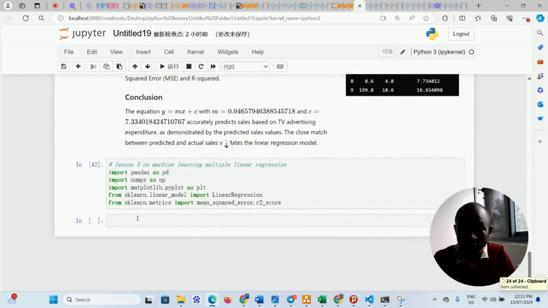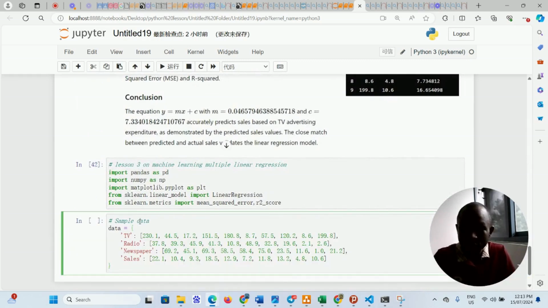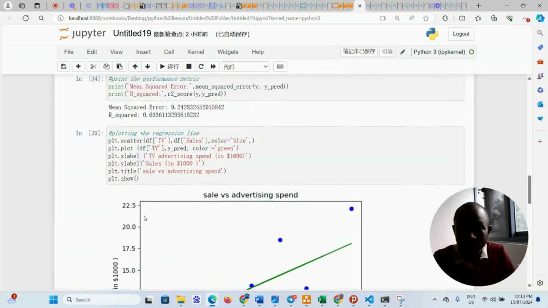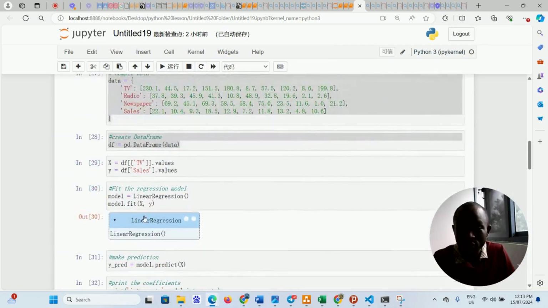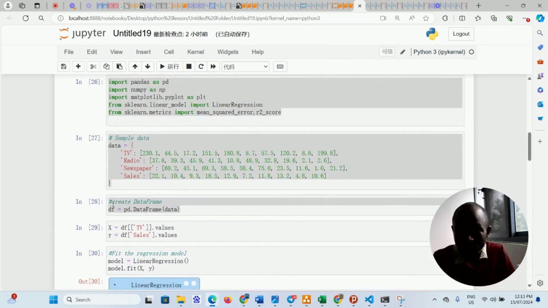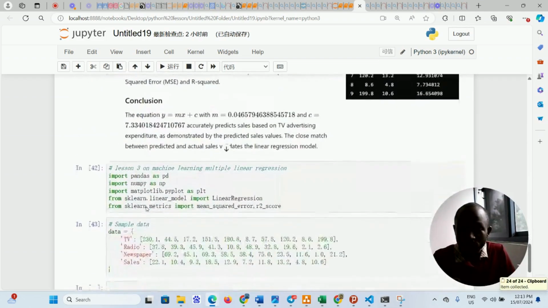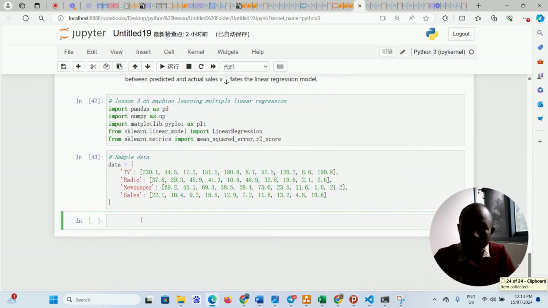I wanted you to see where the changes take place, the difference between the simple linear regression and the multiple linear regression. So you should see the difference. We come here, we create the data.